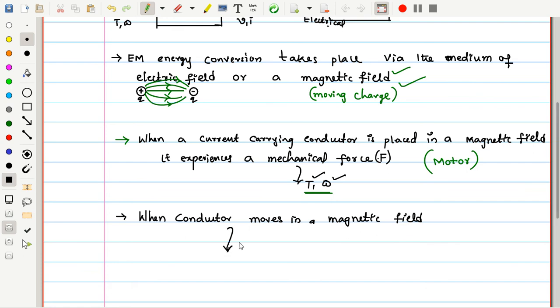Let me write it in proper wording. When it moves in a magnetic field, it induces or produces a voltage in the conductor.